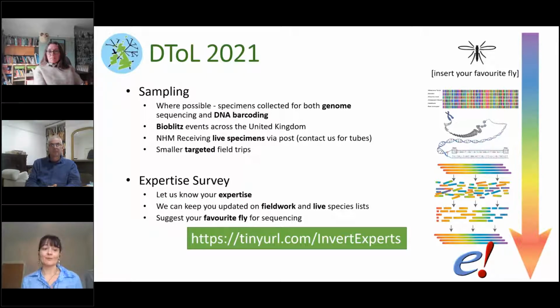We plan to run BioBlitz events across the United Kingdom, and the NHM are also receiving live specimens via post. So do contact us for tubes or other information. And we also want to do some smaller targeted field trips as we go, but it just depends on what we've collected, and we'll have to play that by ear.